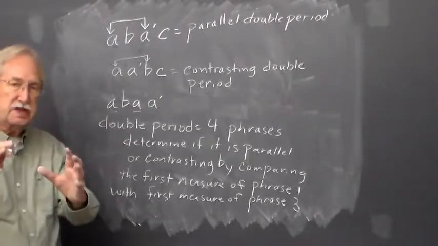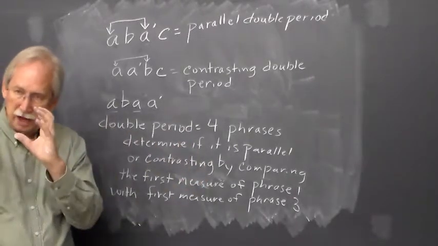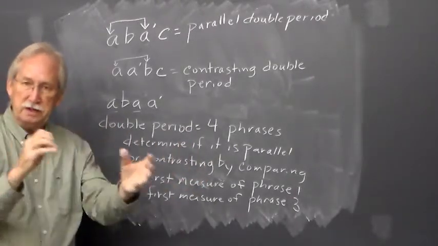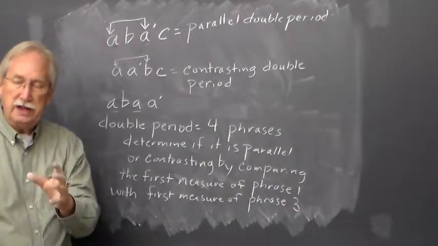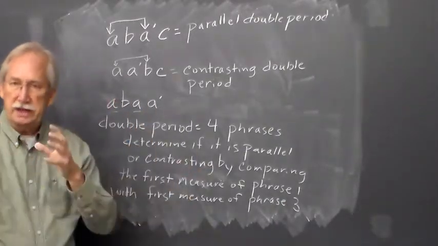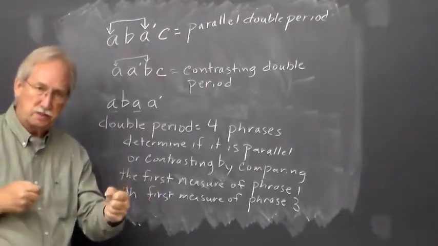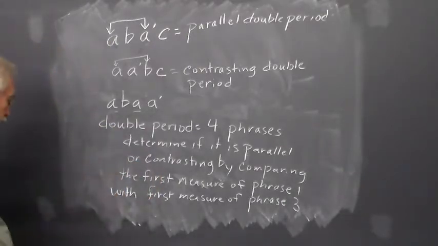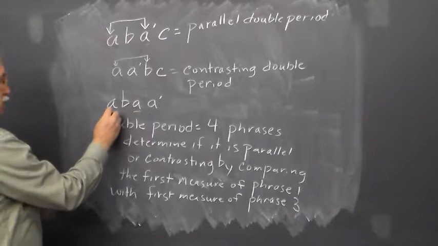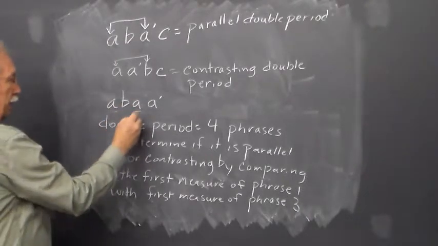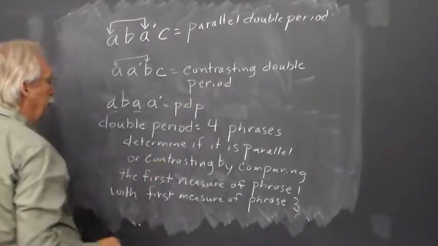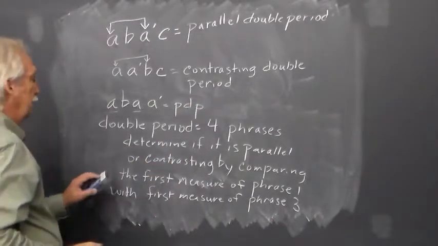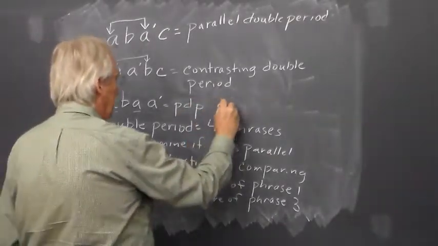It has to be consecutive units, either a phrase that is exactly repeated back to back, or a period that every note is exactly the same, but it is consecutive in the way that it's presented back to back. All right, so this would be an example of a parallel double period. And then let's do some more.